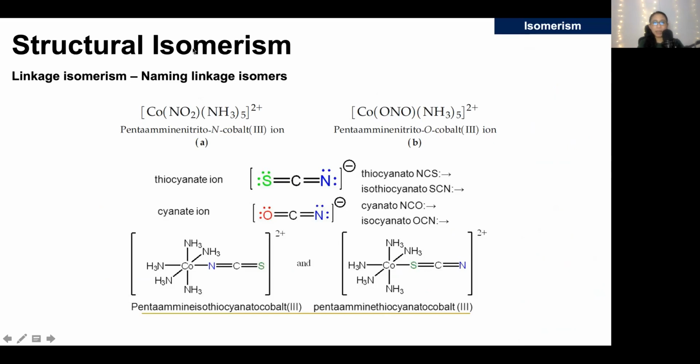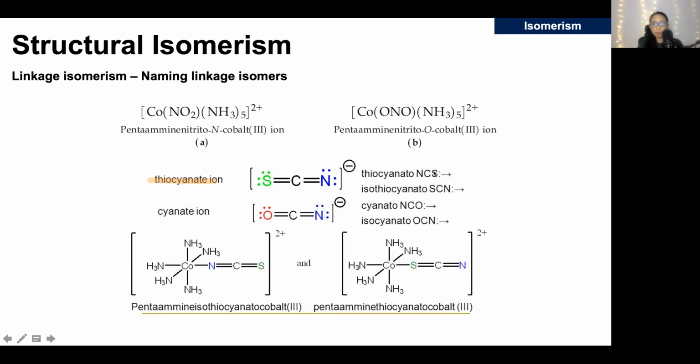So, naming linkage isomers. I've already shown nitrite. Other typical monodentate ligands that can display linkage isomerism are your thiocyanate ion, SCN minus. It can bond via the sulfur atom, or it can bond via the nitrogen atom.